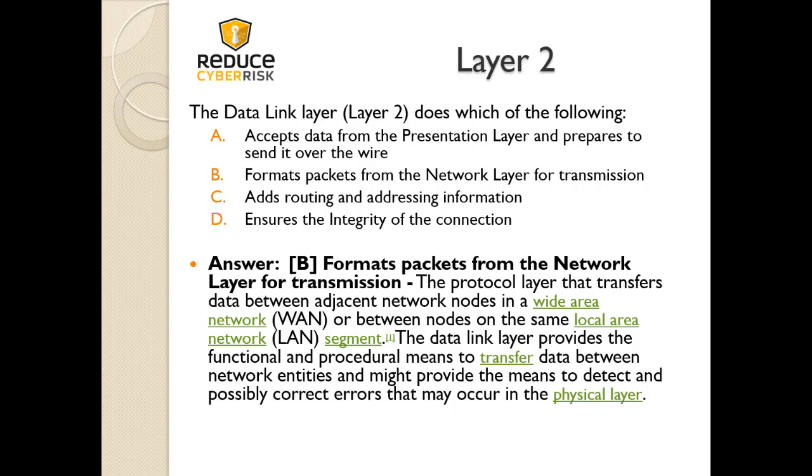It also helps to detect any possible errors that may occur in the physical layer. So if layer 1, the physical layer, has any errors, the data link layer will detect those as well. So that is the data link layer. It formats packets from the network layer for transmission and sends it on its way.